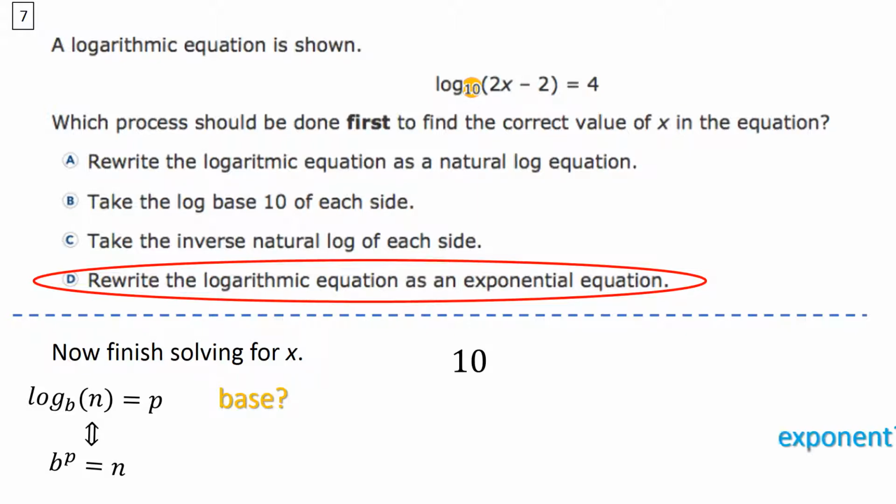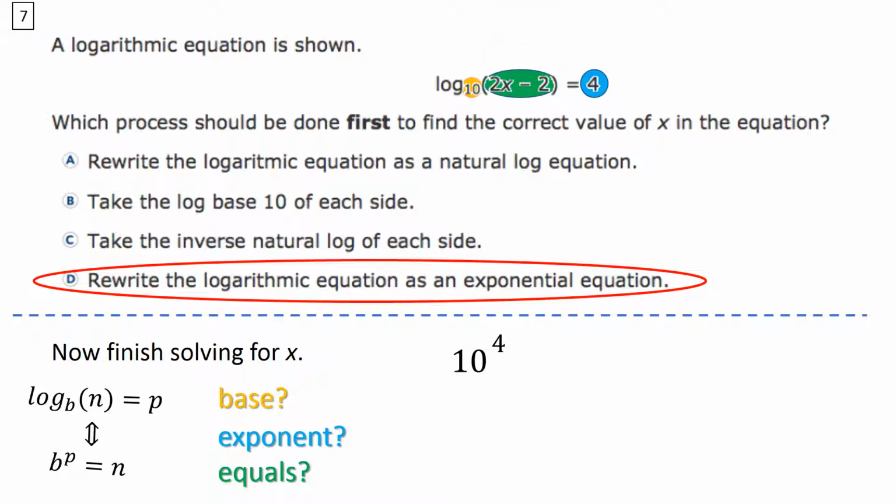What about our exponent? That's our next piece of an exponential. Well, exponent always comes from the other side of the equal sign, because logs always equal an exponent. So our exponent is going to be 4. And that's going to equal something. Well, there's only one thing left to be equal, and that's what we were taking the log of. So that's going to be 2x minus 2. So 10 to the 4th equals 2x minus 2.